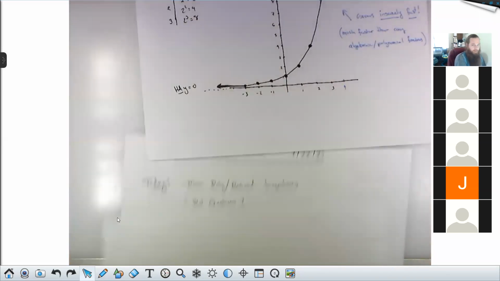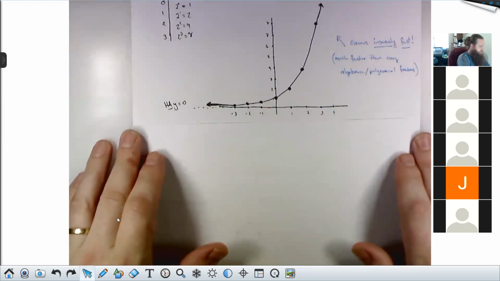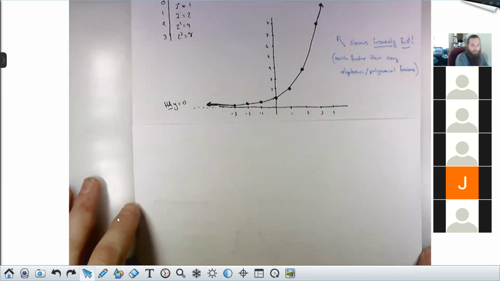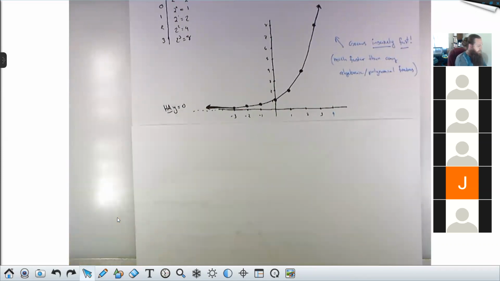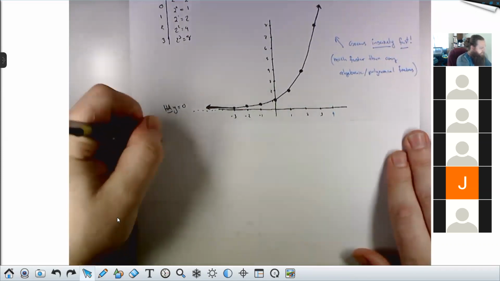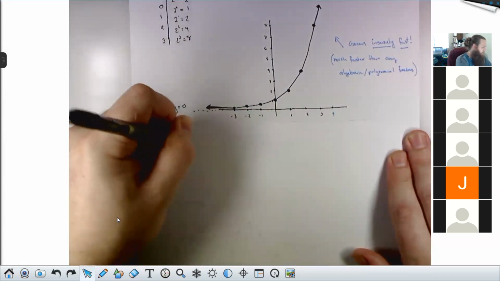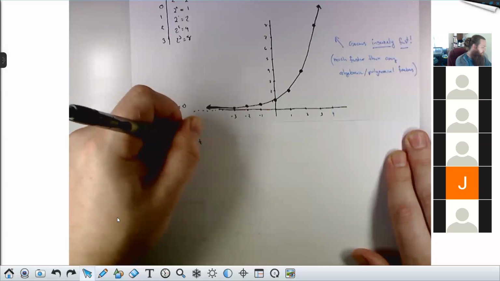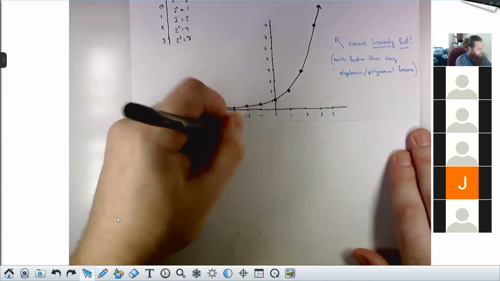Graph somewhere we can see it. Rational functions, remember, they can touch their horizontal asymptotes. But exponential functions, let's say it like this, facts about exponential functions.